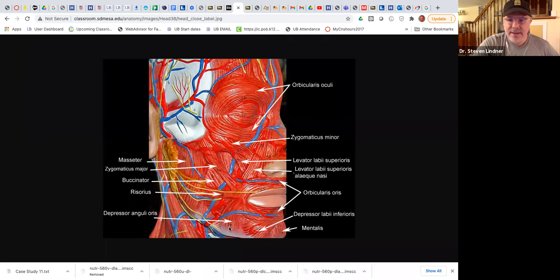Depressor anguli oris, risorius. There's a close-up of the buccinator. That's your trumpet muscle. Here's your zygomaticus minor, zygomaticus major.